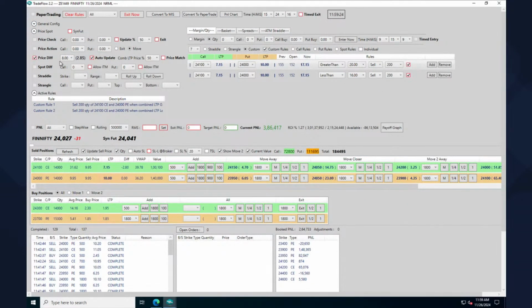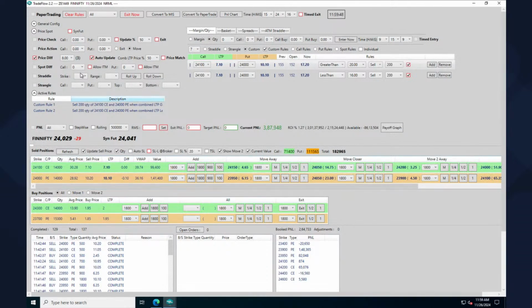The simplest one is this one: when the price difference between these two, for example in this case, is 50%, then the leg that is on the lower side will actually come closer. Let me explain this again. So right now the difference is 17, and let's say this leg is 10 rupees and this leg is 7 rupees.